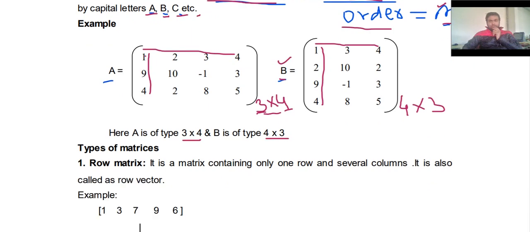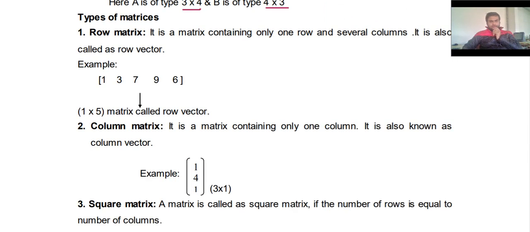So these are the basic things about the matrix. Now we will go to the types of matrix. So in types of matrix, the first type of matrix is row matrix. So row matrix is that type of matrix which has only one row, but the number of columns may be several. Okay.